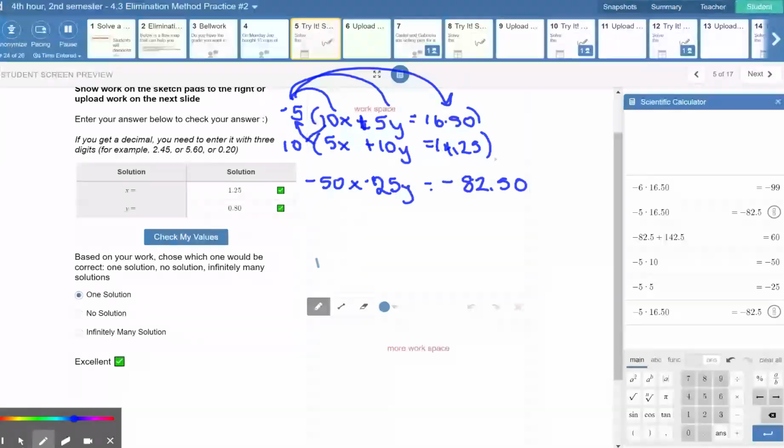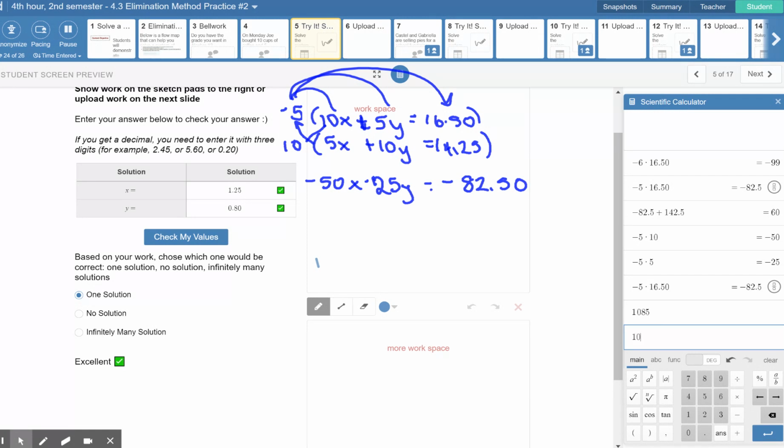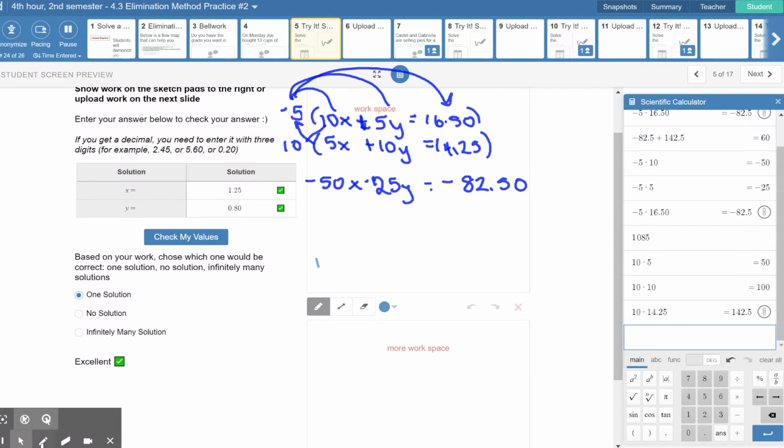Now I'm going to do the exact same thing to the second equation. 10 times 5. Make sure you enter it right. 10 times 10. And then 10 times 14.25. And then you have your numbers there.